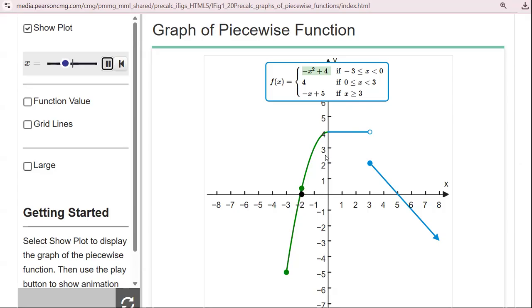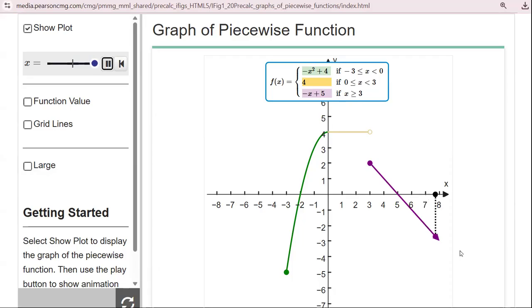So here's the first part of the graph. Then it'll jump to the second part of the graph and only graph it from 0 to 3. Then it'll jump to the next one, and that will go from 3 to infinity, because the arrow says it goes on forever.